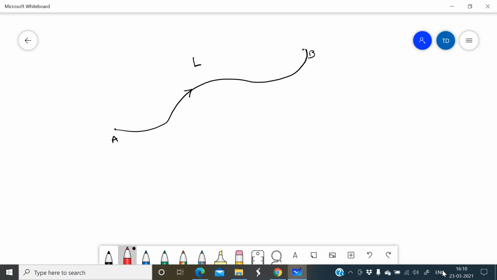At each and every point on the path there is a direction; this red color indicates the direction of movement at each point. I divide this path into very small equal segments. The work done by charge q2 to move from position A to position B is a differential work dW.